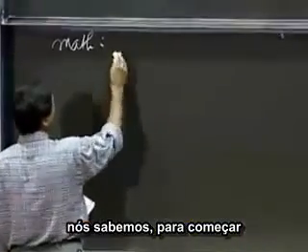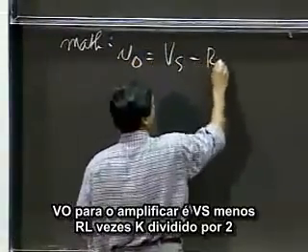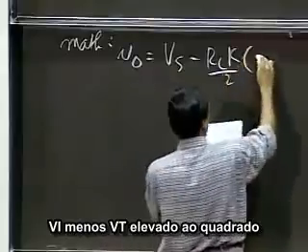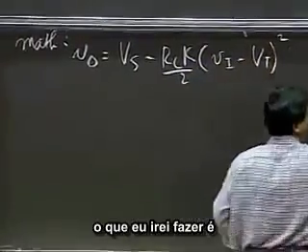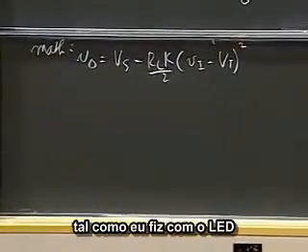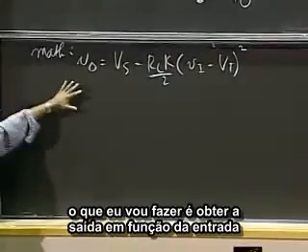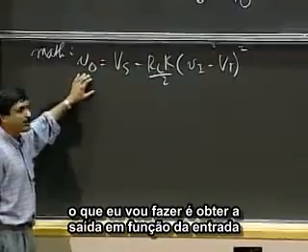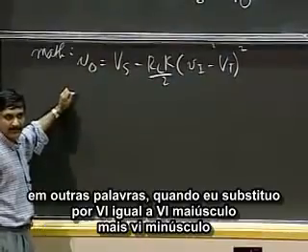We know, to begin with, that VO for the amplifier is VS minus RL K divided by 2 times (VI minus VT) whole squared. Much as I did for the LED, what I'm going to do is derive for you the output as a function of the input when the input vi is very small.